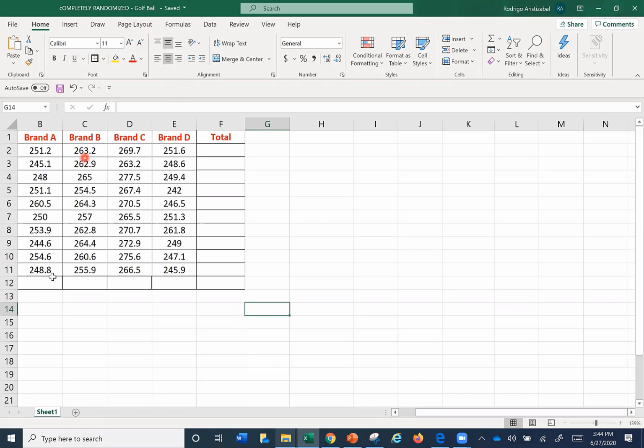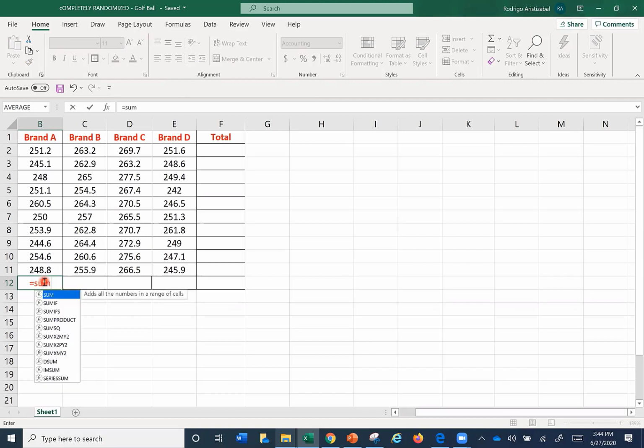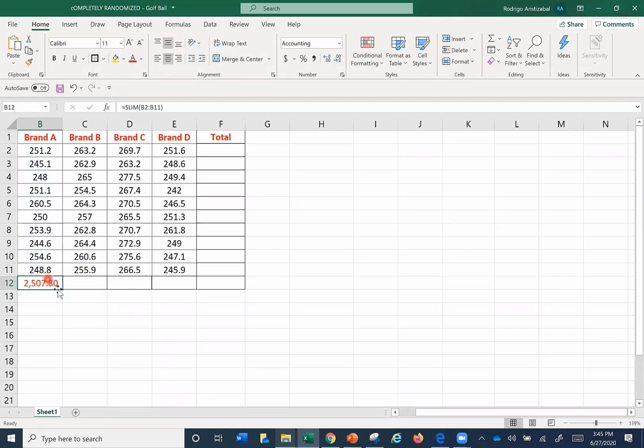To sum these columns, we start here, write equal, and sum all of these values. And click. That is the sum of the first column, and we can drag this formula to the other boxes and obtain the sum of all of these columns. That is the value that we need to use the formulas and table.